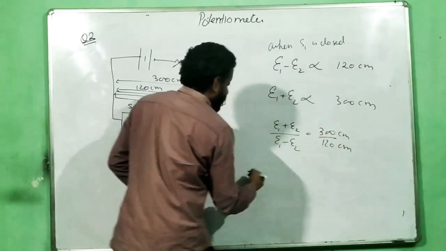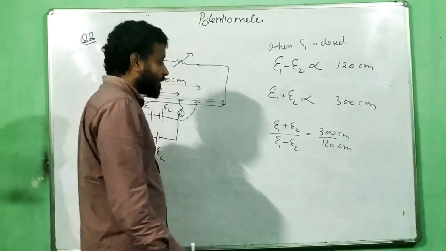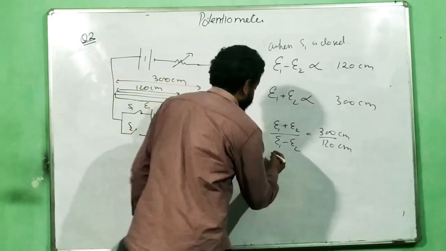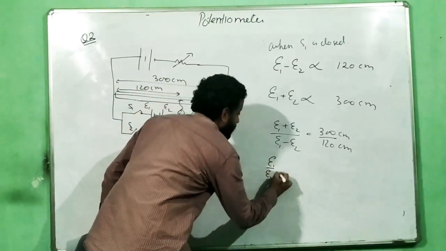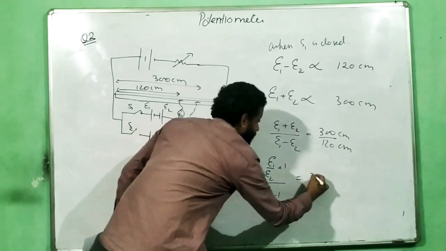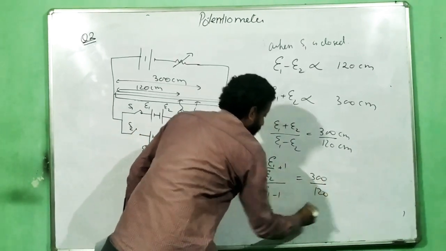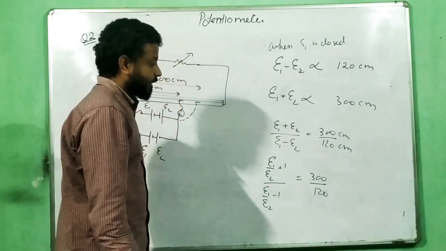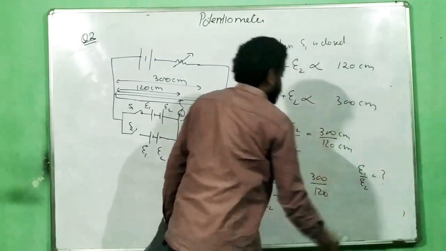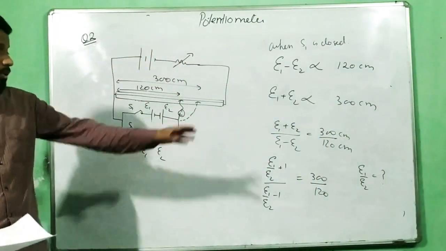And from here you have to find the ratio. How will you find the ratio over here? E1 by E2 plus 1 divided by E1 by E2 minus 1 is equal to 300 by 120. Now you start simplifying this. Basically you have to find the ratio of E1 by E2. That is what you have to find.